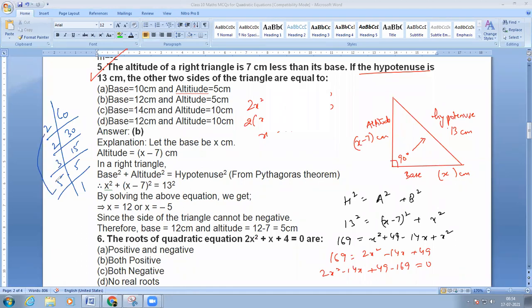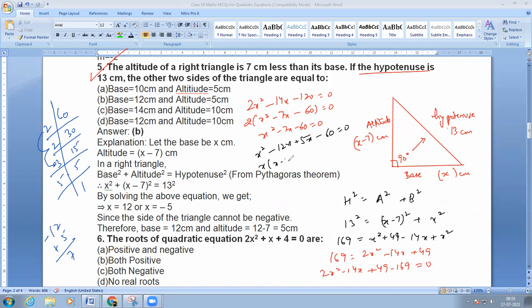We can do 3 times 6, 6 times 12... so I am doing it this way: 2 times 4, 4 times 3 is 12. So 12 minus 5 is 7, but we need minus 7. So 12 will be minus and 5 will be plus. So we will write x square minus 12x plus 5x minus 60 is equal to 0.